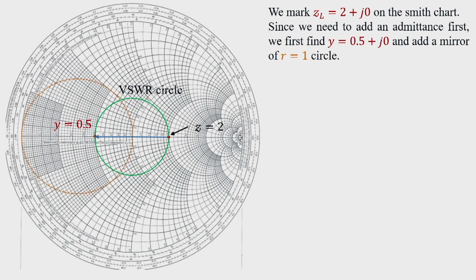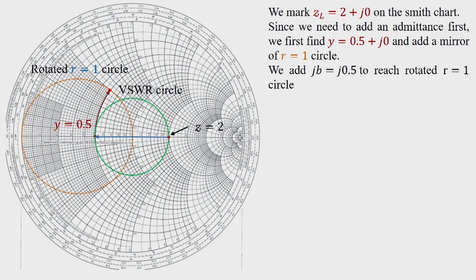Next, we draw a rotated r is equal to 1 circle and we add jb equal to 0.5 to reach this point in the rotated r equal to 1 circle.